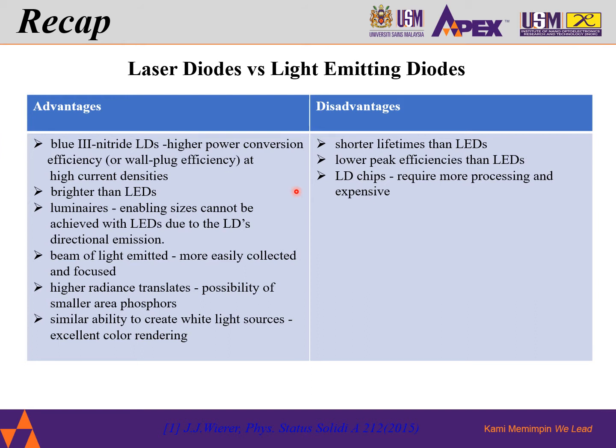The beam of light emitted from LD is more easily collected and focused compared to the LED's Lambertian emission. The high radiance translates to the possibility of smaller area sources, and it also has a similar ability to create white light sources, which is excellent for color rendering.